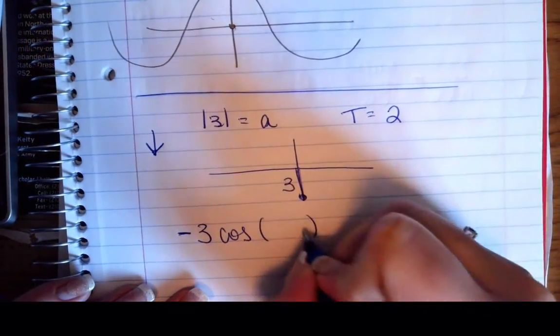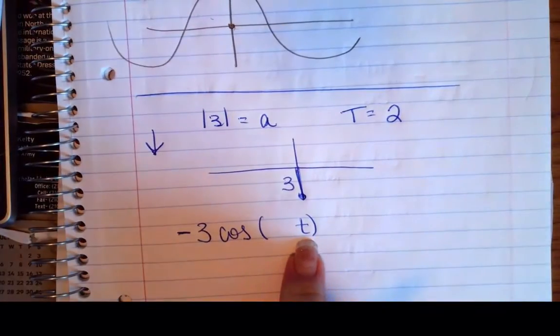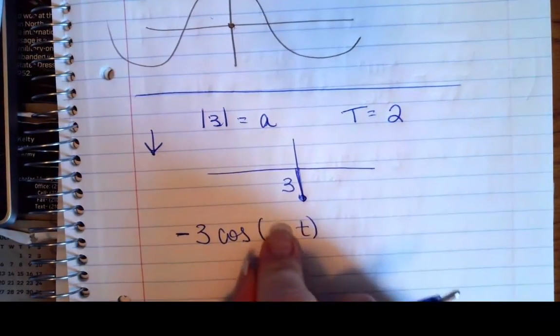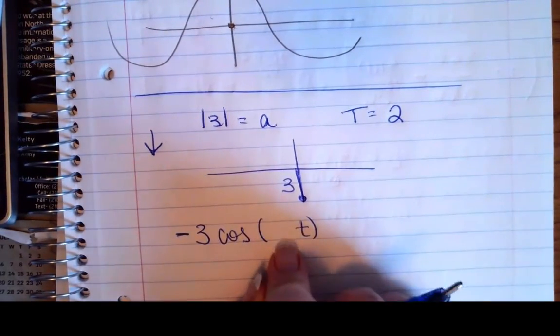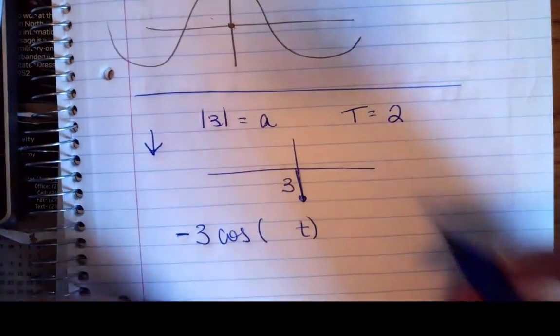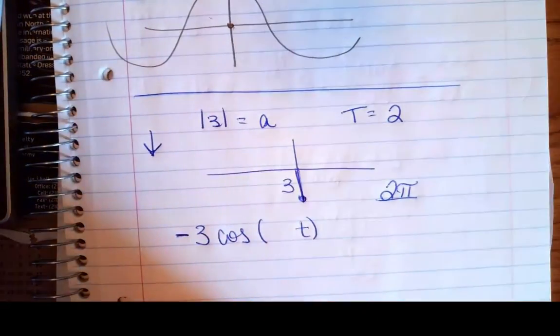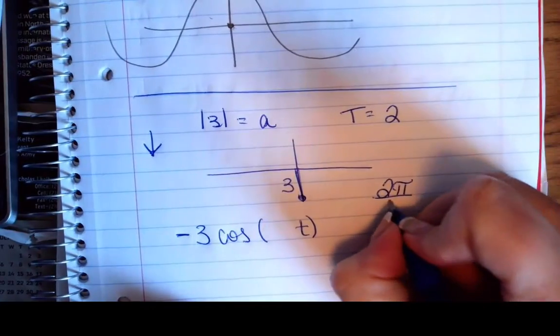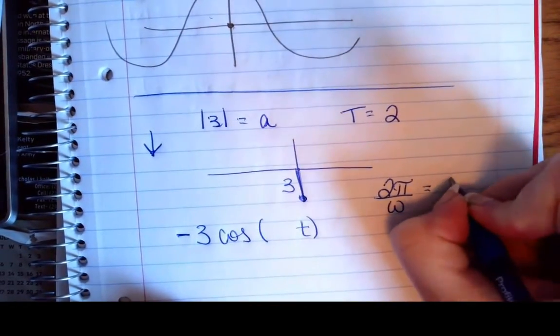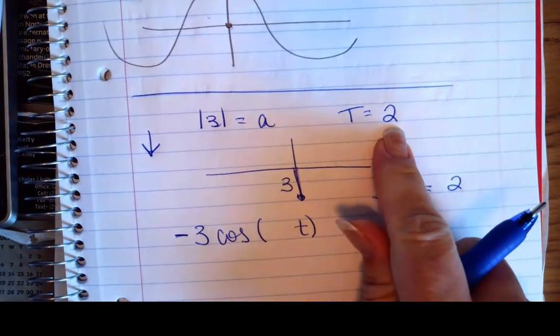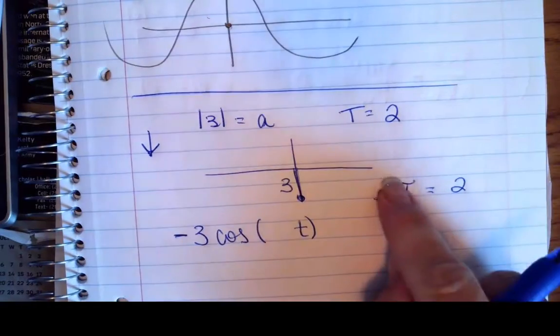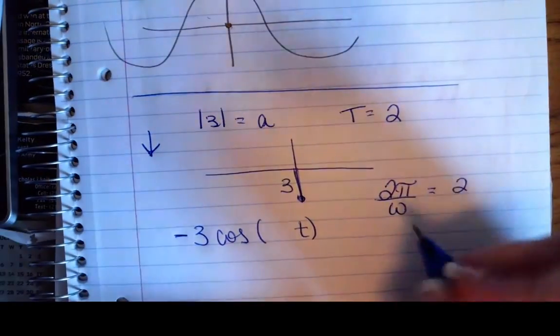So the only thing I've got left to figure out, because remember we're in terms of t, is what is omega? What's the coefficient on t? This goes back to what we did before. Normally we would say 2 pi over b, but we're going to say 2 pi over omega gives me a period of 2.